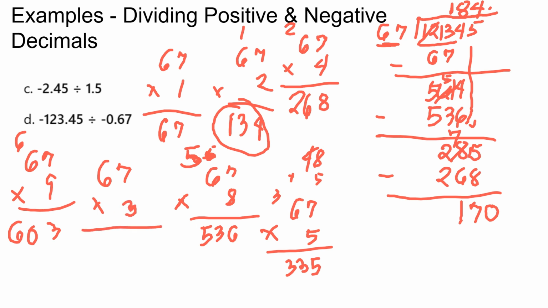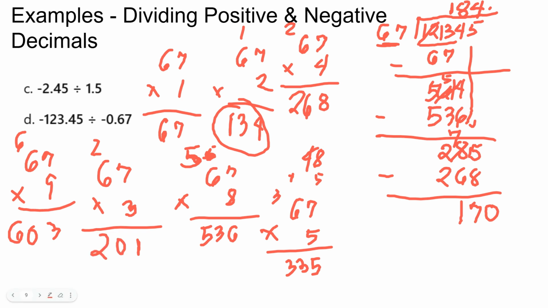67 times 3, that would be 1, because 7 times 3 is 21. Carry 2. That's why we have 1 and then carry 2. And 6 times 3 is 18. 18 plus 2 will be 20.